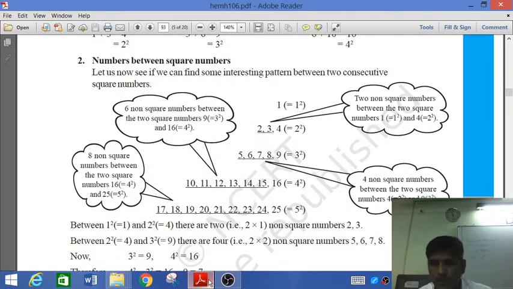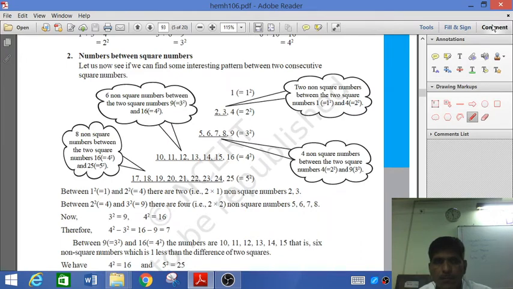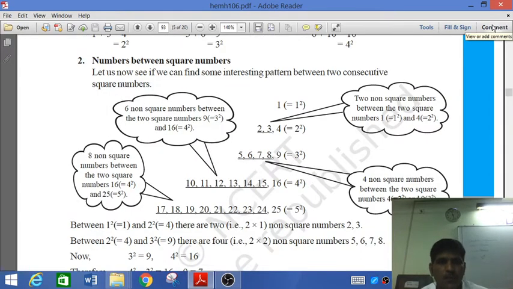Hi friend, today I want to explain to you the numbers between squares of numbers. What is today's topic related to? Numbers between squares of numbers.